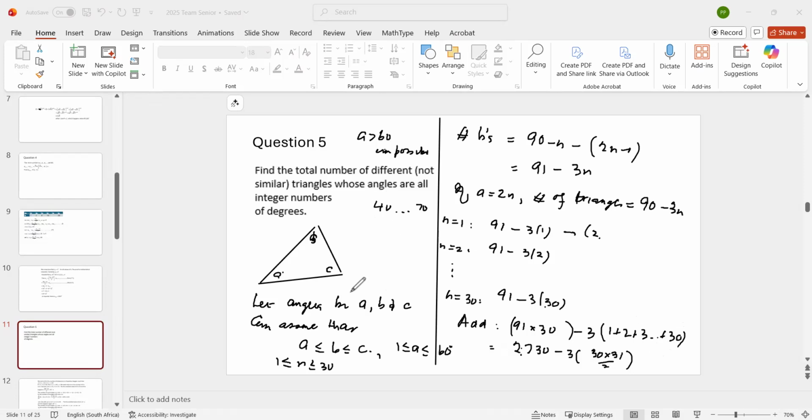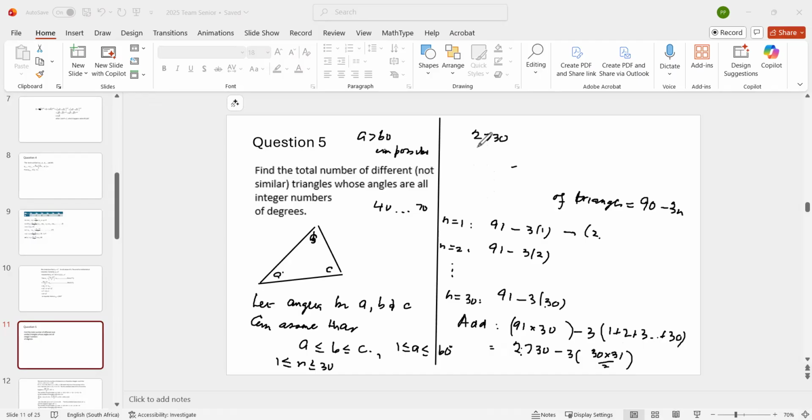And we can calculate this one. It's 2730 minus 3 times 30 times 31, and 2 goes into this 15 times. 15 times 31 is 465, times 3.